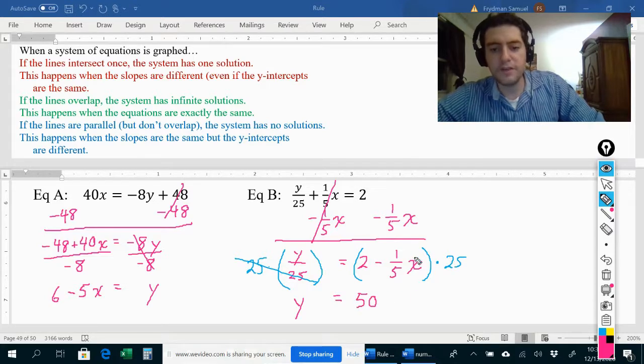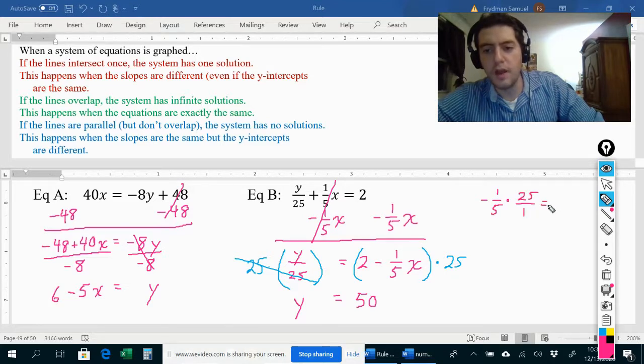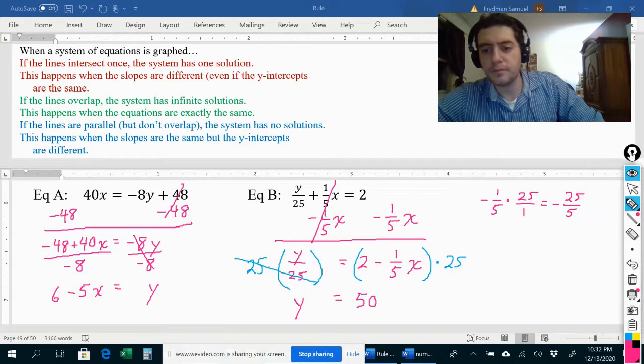And then 25 times negative 1/5, we'll put the 25 over 1. And then we have a negative times a positive is negative, so let's just keep that negative right over there. And then 1 times 25 is 25. 5 times 1 is 5. And then 25 divided by 5 is 5. Okay, so I'm going to get negative 5 here. So this is going to be minus 5x.